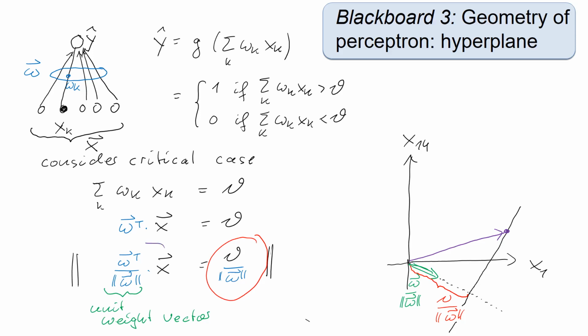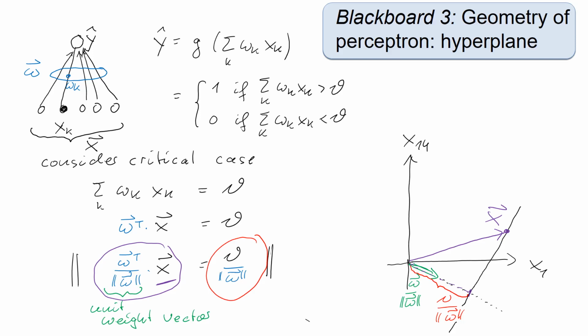What is a scalar product doing? A scalar product projects x, this vector x, onto the direction of the unit weight vector. So the projection of this vector x onto the unit weight vector gives me just this distance here.